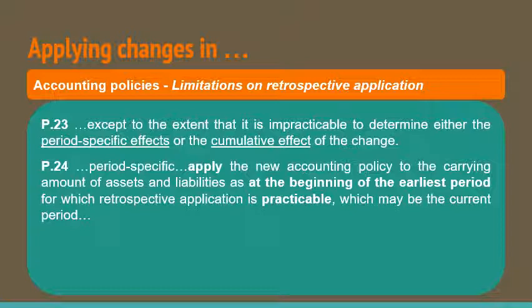So the effect should be applied to the carrying amounts of assets and liabilities at the beginning of the period and the opening balance of the relevant components of equity of the same period.